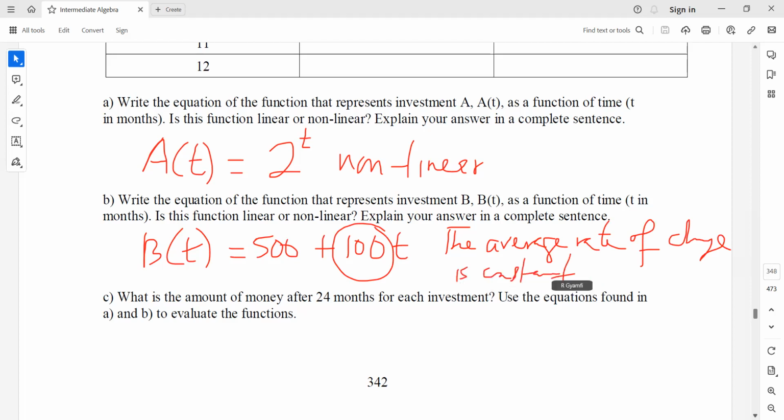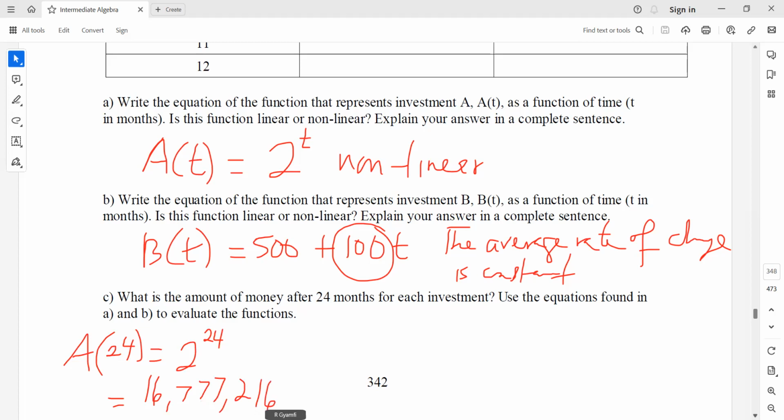What is the amount of money after 24 months for each investment? So for A of t, you're going to have A of 24 equals 2 to the power 24. And that's going to be a huge sum of money. You have 16 million if you put this in a calculator. Now for B of t, after 24 months or 2 years, you're going to have 500 plus 100 times 24.